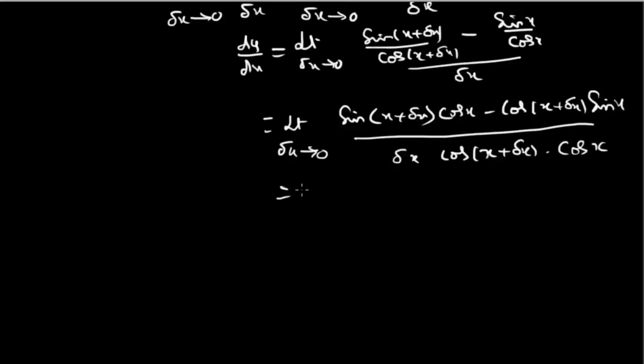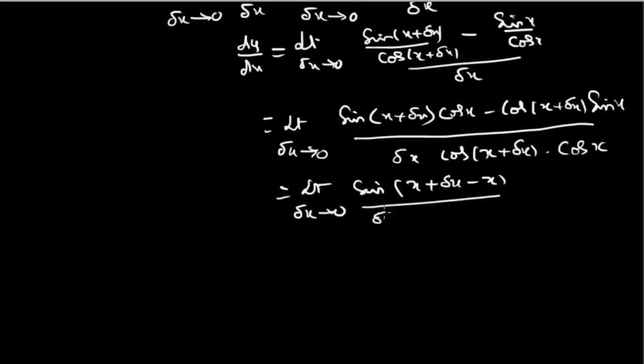So now numerator is in the form sin a cos b minus cos a sin b, sin of a minus b. Limit delta x tending to 0, sin of x plus delta x minus x whole divided by delta x into cos of x plus delta x into cos x.